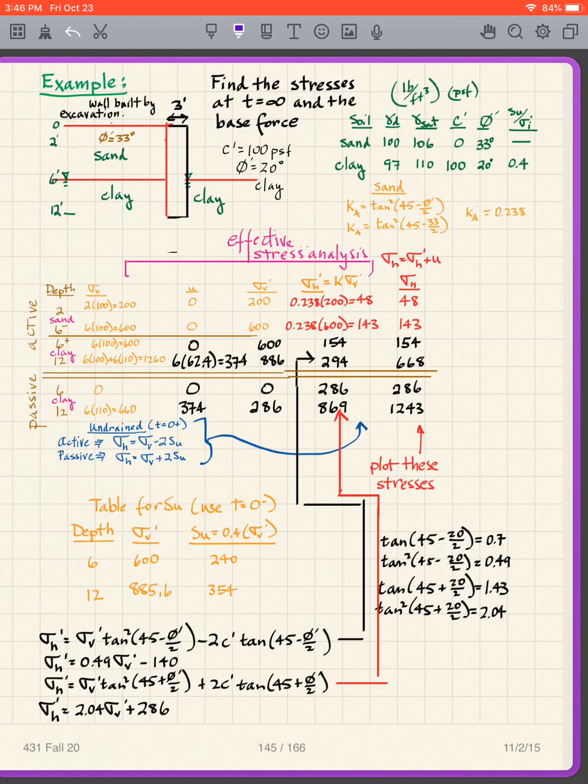And so I'm going to assume, well, we have our depths here. We have our depths of 2, 6 minus, 6 plus, 12, 6 and 12.